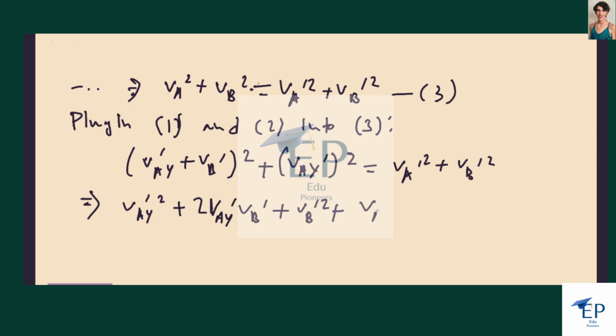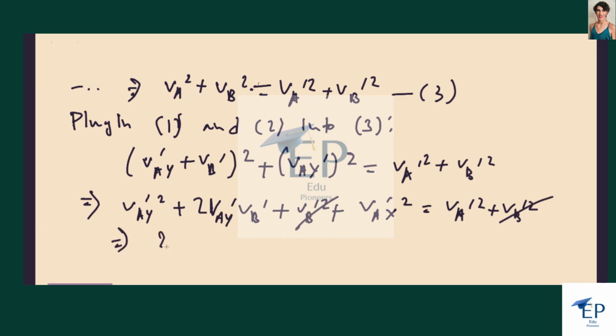plus vA x prime squared is equal to vA prime squared plus vB prime squared. And so we see a vB prime squared on both sides. That cancels.